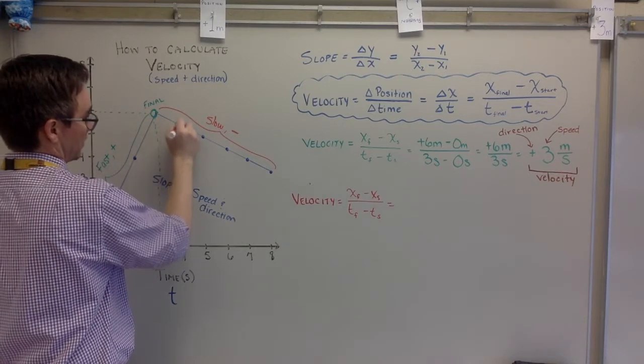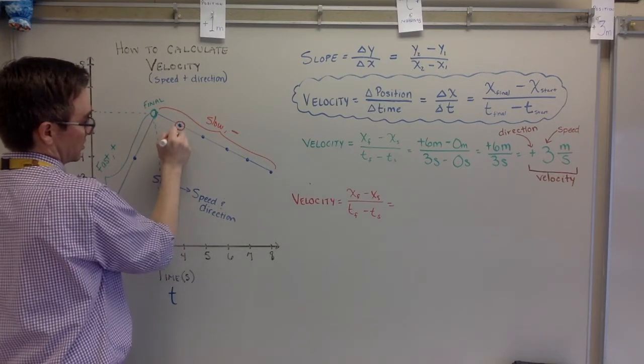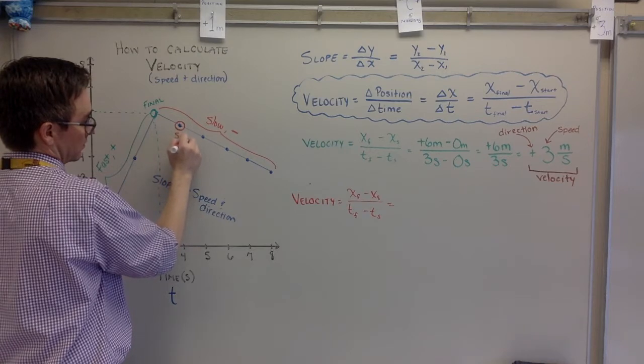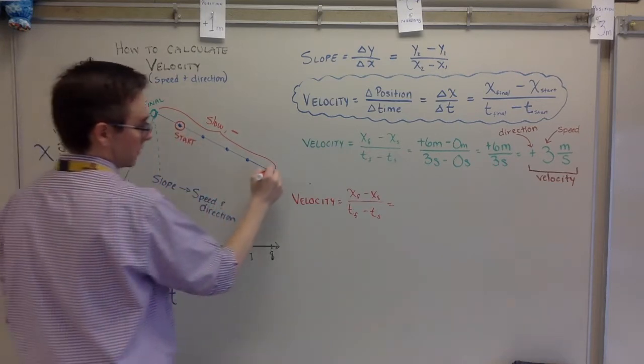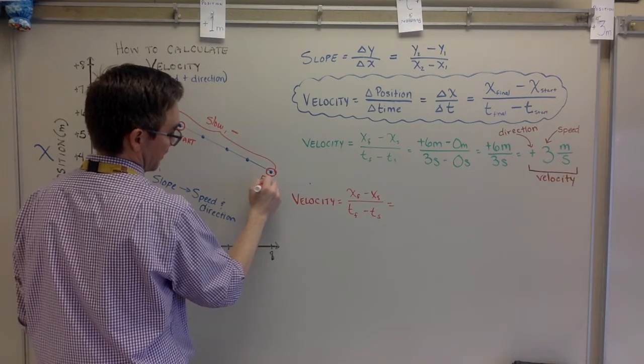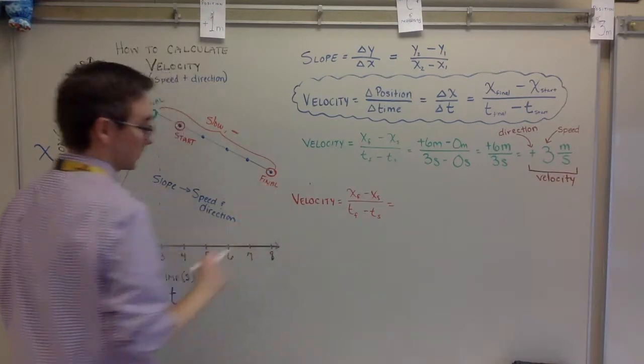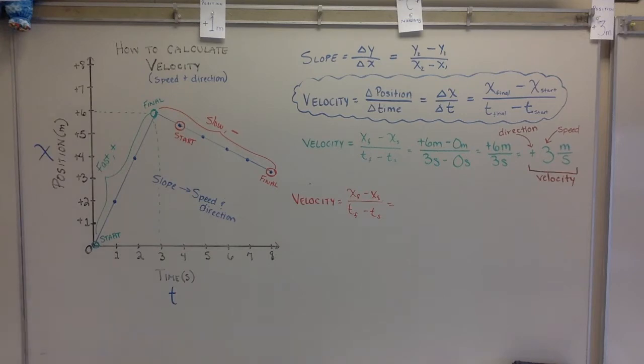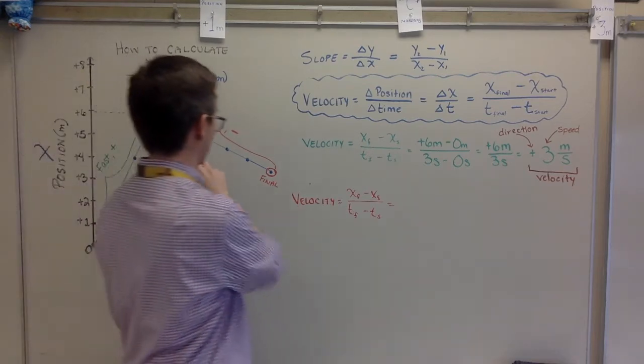I'm going to pick, just to make my life easier, I'm not going to pick that same one. I'm going to pick this point right here. That's going to be my start. I'm going to pick this point right here. I'm going to make that my final. Really shouldn't matter what number or which one I use. All right? So, here we go. I start my final.